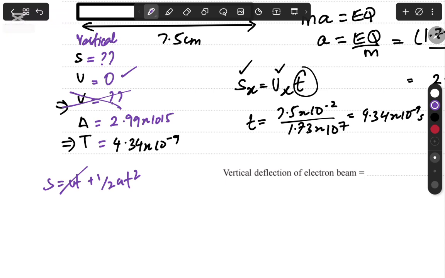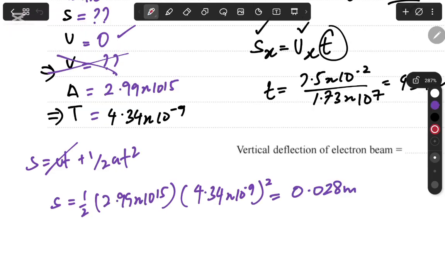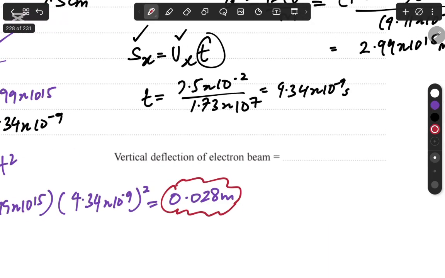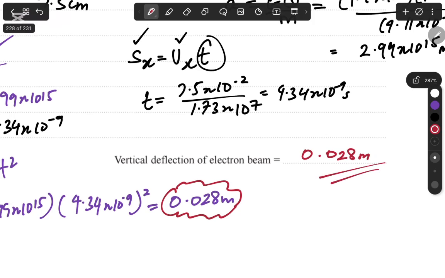So S is equal to half times 2.99 times 10 to the power of 15 times t squared. Just plug the values in and we get the answer as 0.028 meters. Just write that answer, 0.028 meters. That's your final answer.